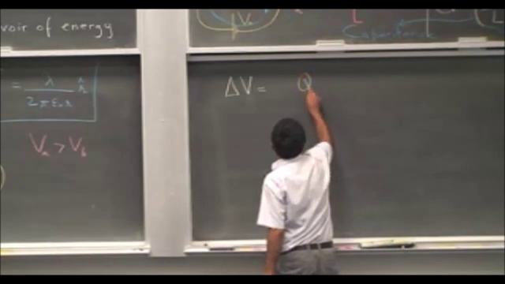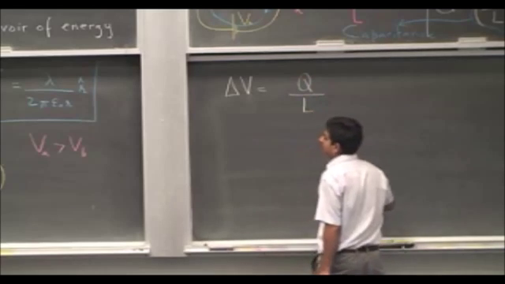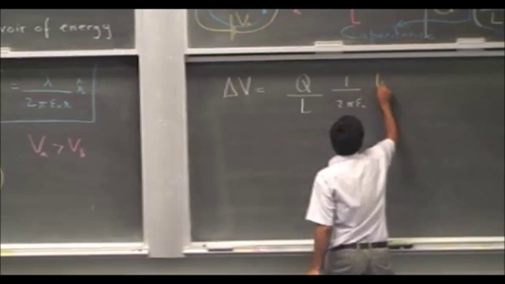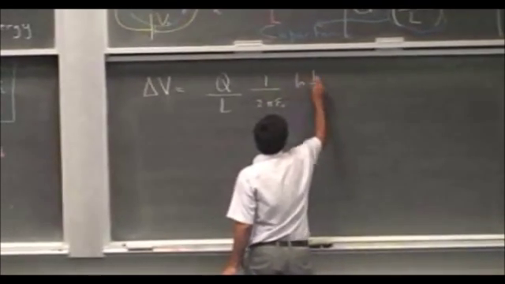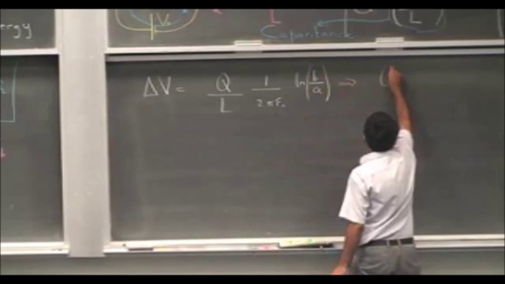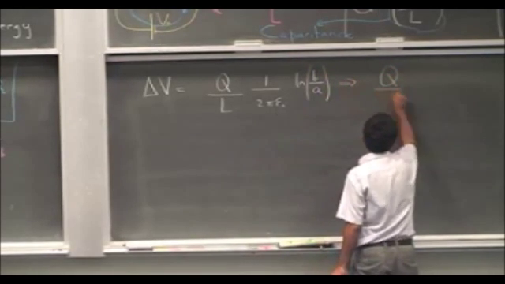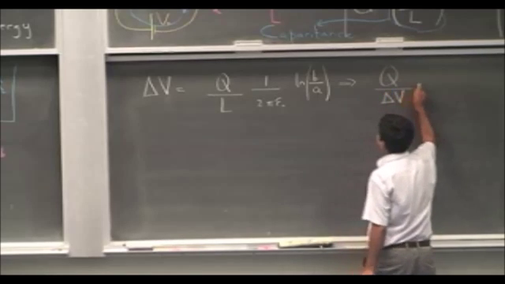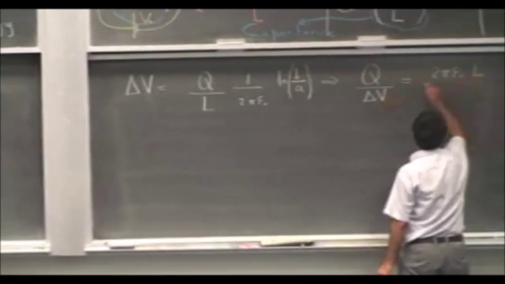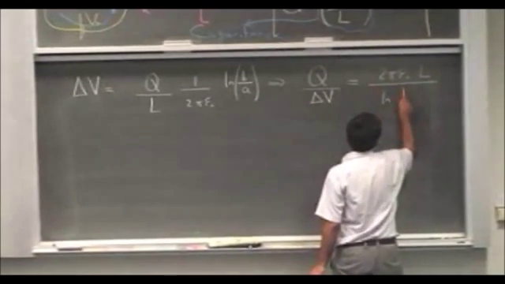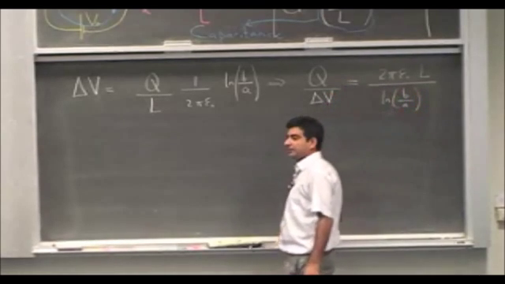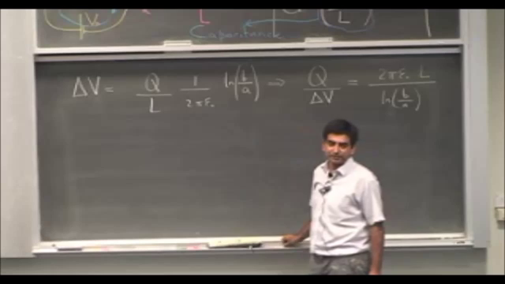It's Q per unit length, so delta V equals Q over L, times 1 over 2 pi epsilon naught, natural log B over A, which means that Q over delta V equals 2 pi epsilon naught L over natural log B over A. Now what is Q over delta V? Simply the capacitance of this system.